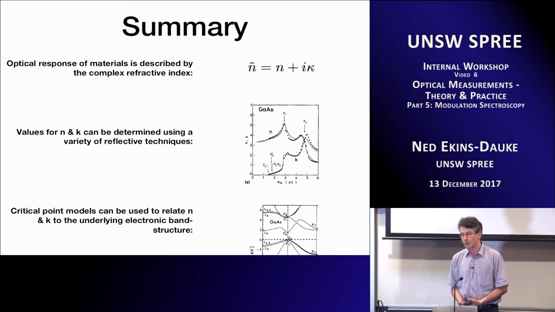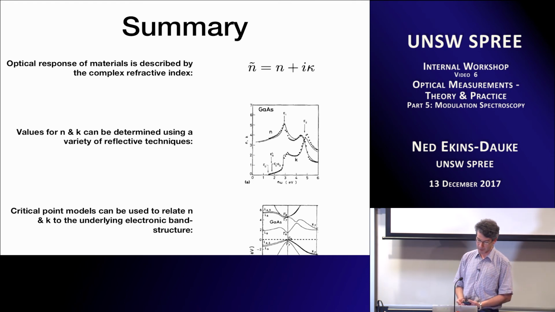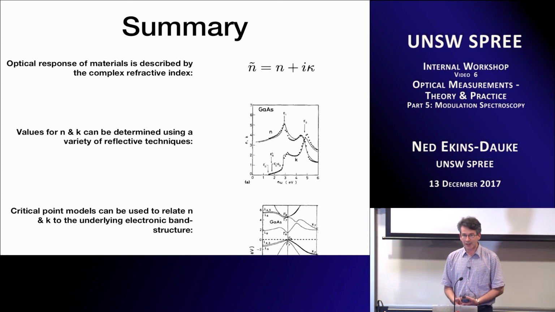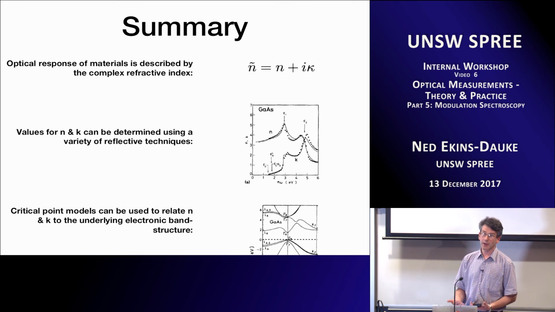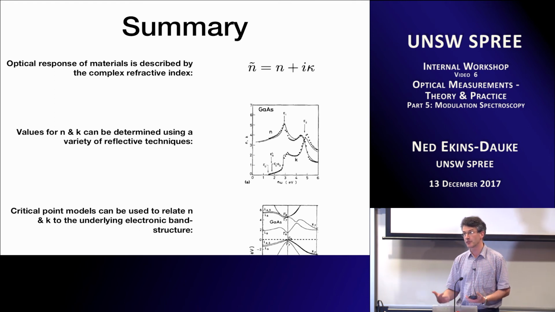One is that I hope what Ivan and I have presented to you today has driven home this notion that we can describe the optical properties of materials with the complex refractive index, that's conveniently parameterized with N and K, that we can measure N and K using a variety of reflective techniques, something as simple as a reflection measurement, or if you prefer, a polarization and angle of incidence dependent measurement, which is what we call ellipsometry, and that we can use models then to extract valuable information out of that with respect to the band structure.